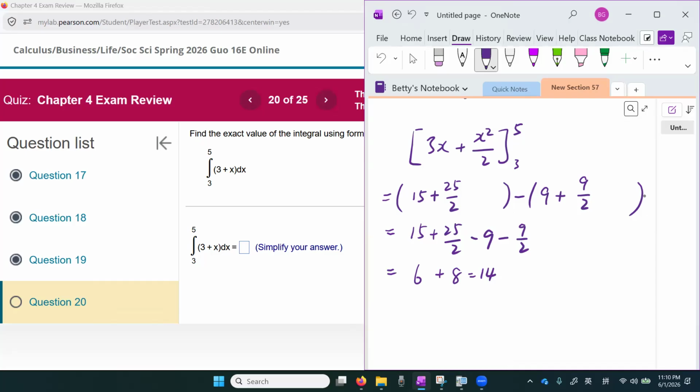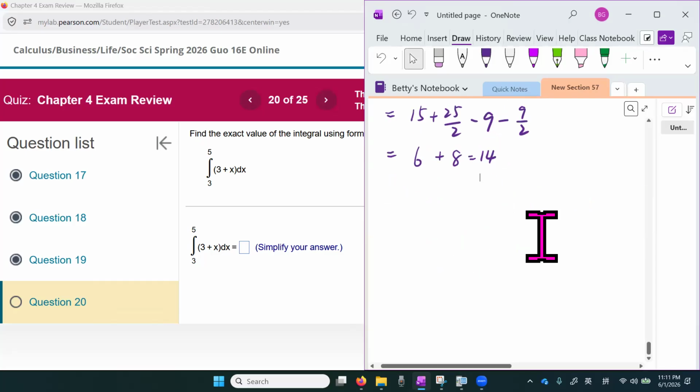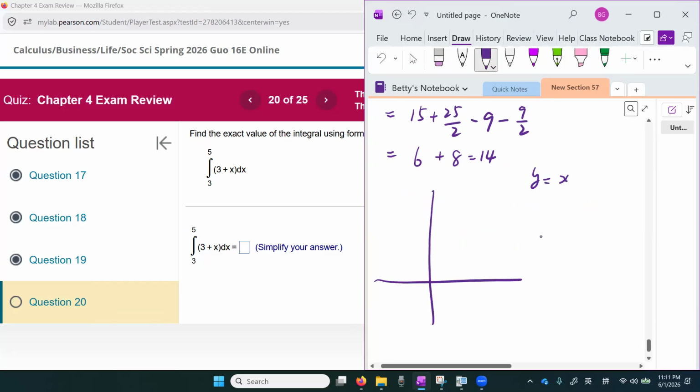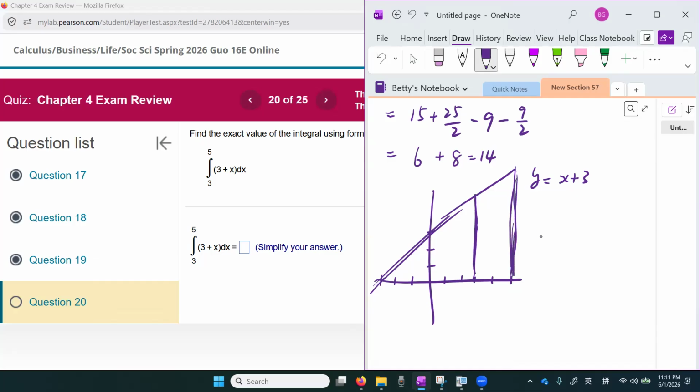If we use the graph, y equals x plus 3 is a straight line. 1, 2, 3, 1, 2, 3. It's like this. Okay? And from 3 to 5. 2, 3, 4, 5. It's a trapezoid, kind of, or a rectangle with a triangle.